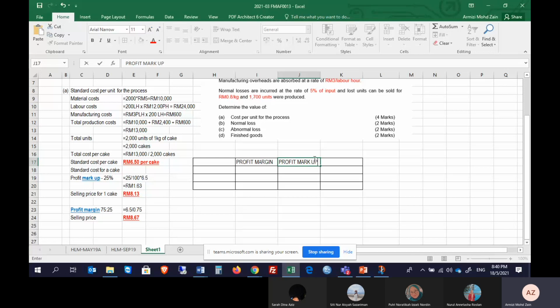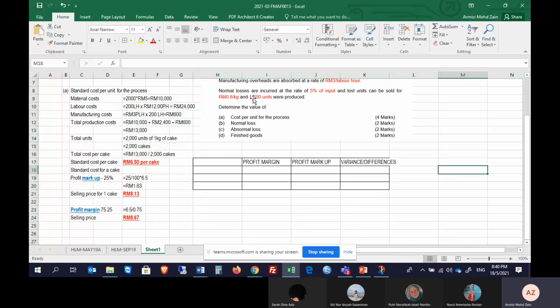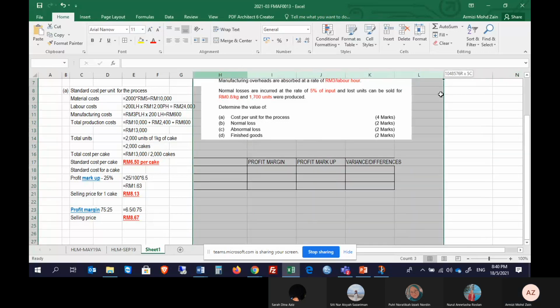Ada orang tulis dash, ada tulis dash. Okay. Variance or differences. Okay. Jangan risau, saya akan share Excel dengan you. You hanya perlu fahamkan saja macam mana nak dapat dia.